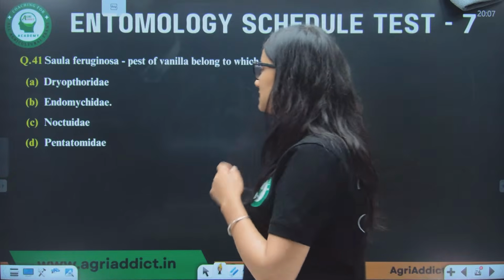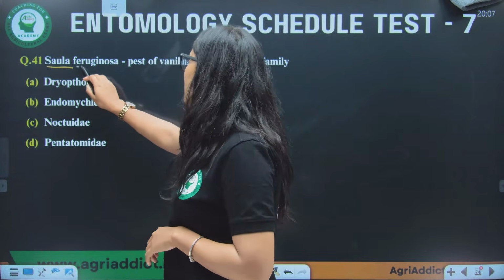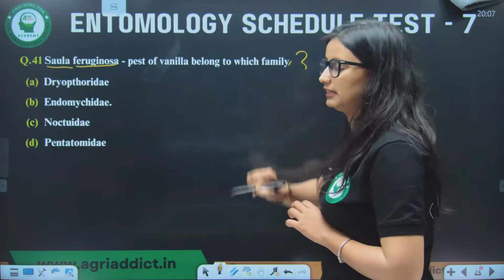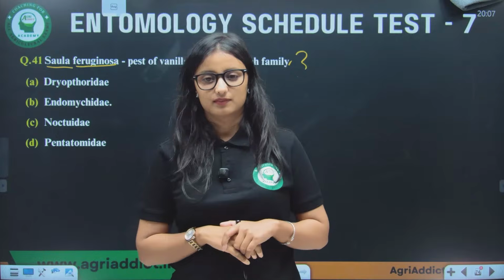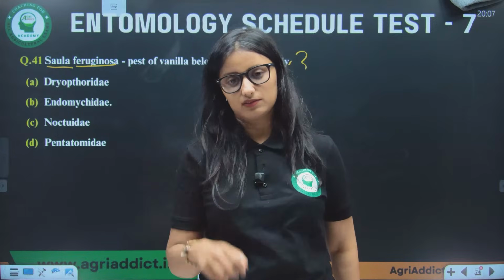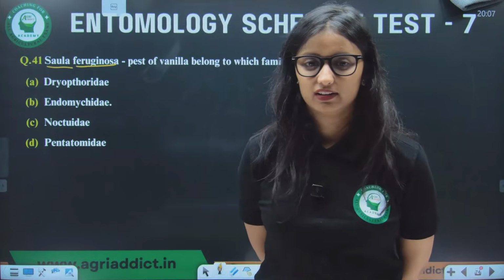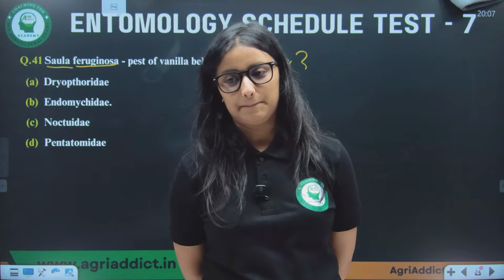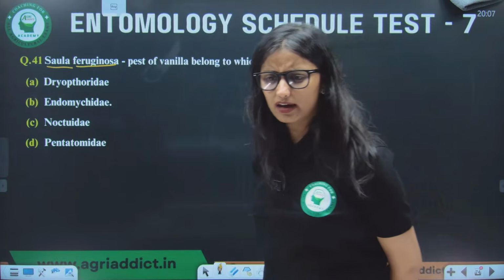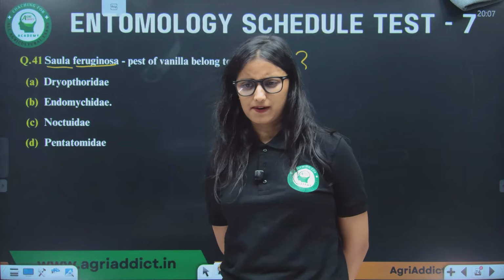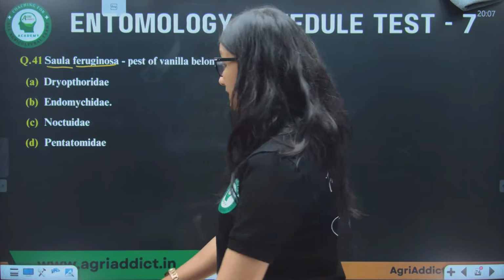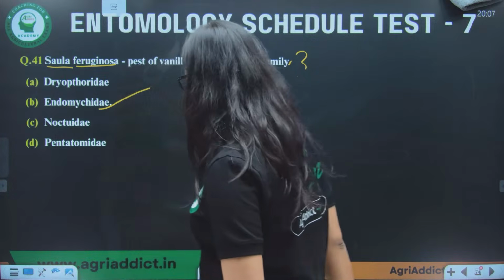Now answer this one. Sahyadrassus ferruginosa, pest of vanilla, belongs to which family? This is a minor crop, but a direct question is asked here. Pest of vanilla. Is it Arun Kumar? D? B. Yes, B is the correct answer.